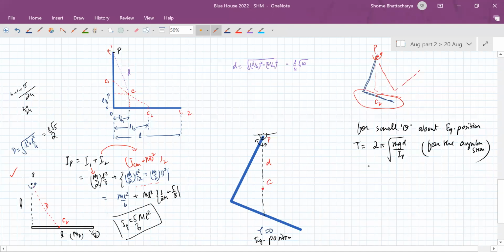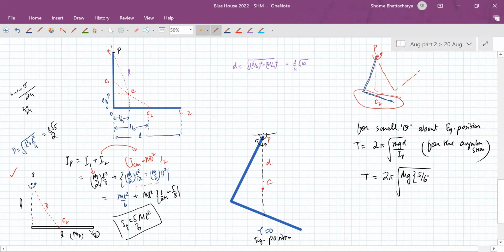Just check my calculation. M always cancels out. When you substitute IP in the formula, obviously IP is proportional to the mass, so it always cancels out. And you get a term which is dimensionally like L by g.